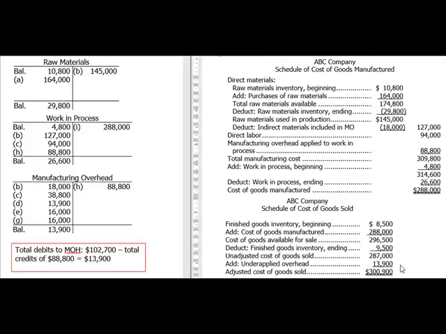Because we did not apply enough overhead to our products, we're going to add the underapplied amount to cost of goods sold to get to our final adjusted cost of goods sold figure. And it's this figure, the adjusted cost of goods sold, that will go onto our income statement.